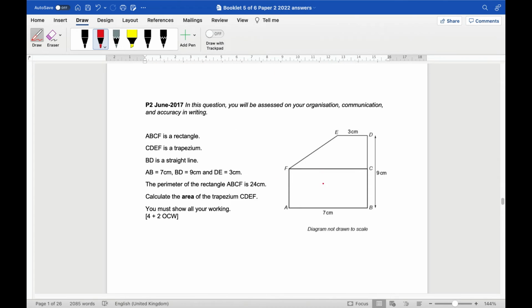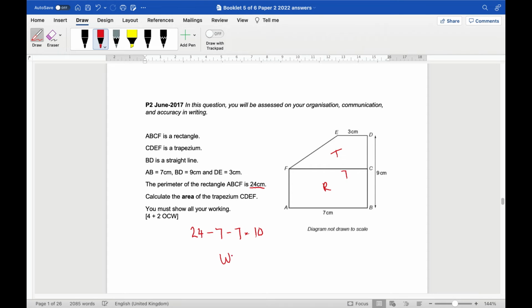And the same there, a rectangle with a trapezium. Right, we know that's 7. What else? Oh, the perimeter of the rectangle is 24.9. Okay, a bit nasty, yeah? Okay, so if I was OCW in this, I would say the perimeter of the rectangle is 24. But if I take away 7, the bottom and the top, I'm down to 10.